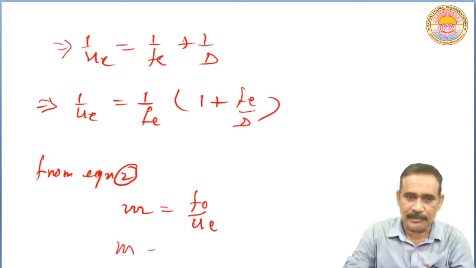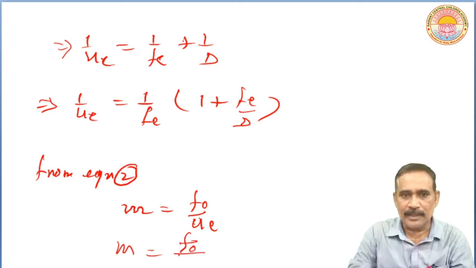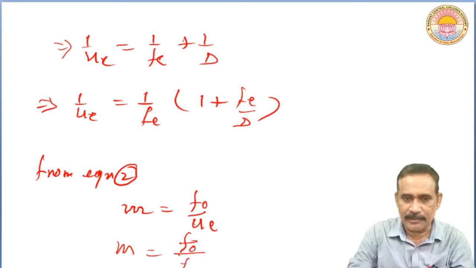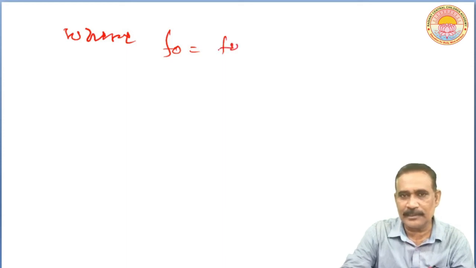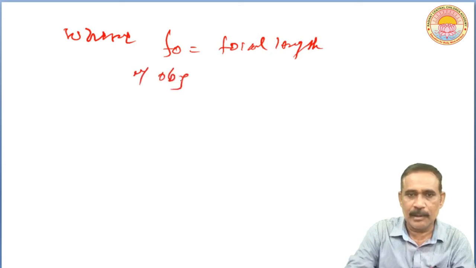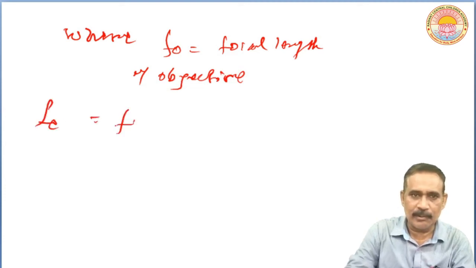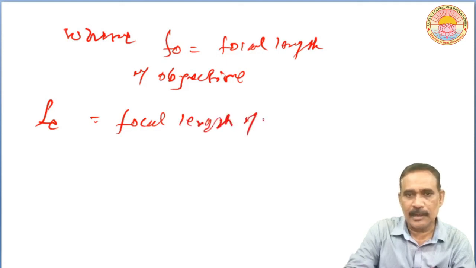This m equal to FO upon FE in bracket 1 plus FE by D, where FO is the focal length of the objective, and FE is the focal length of the eyepiece.